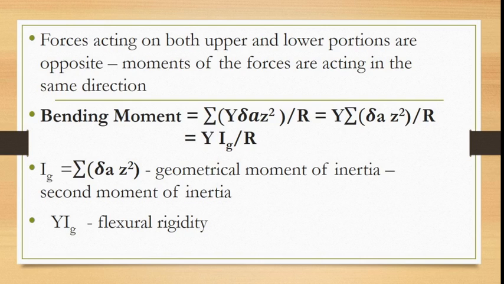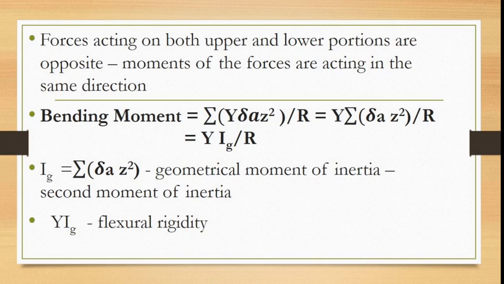So here initially we had considered a small area delta A at the point capital A, which is at a distance z. If you are considering another point, we can also consider a small area there, which is at a particular distance.